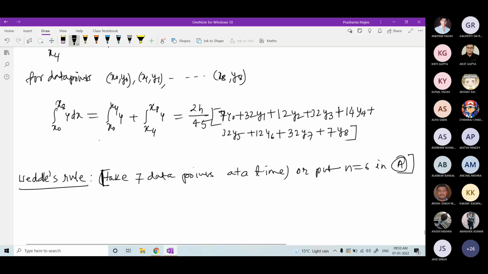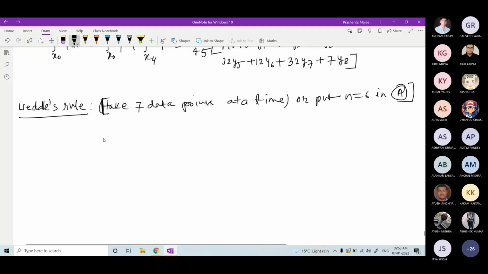So between x0 to x6, for 7 data points, the data points are x0, y0, x1, y1 up to x6, y6.